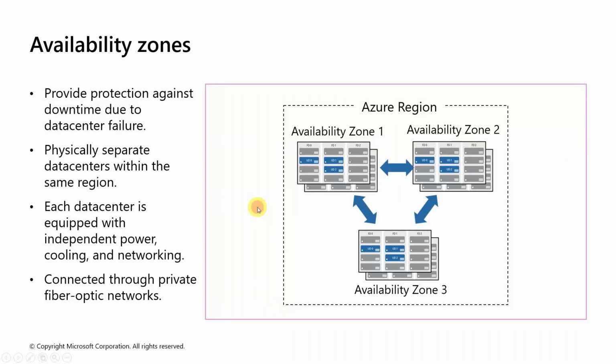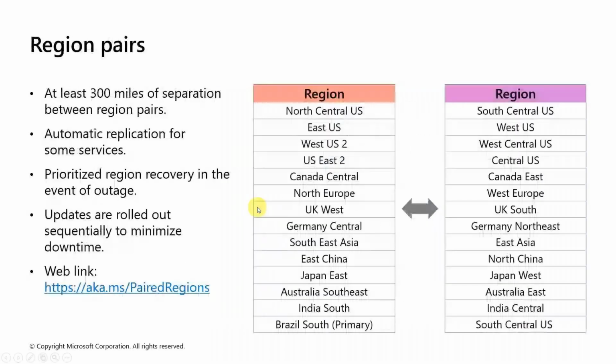Now there is a concept called region pairs. For example, as you can see here, North Central US is paired with South Central US. The distance between these two regions is around 300 miles. This is designed by Microsoft. Each region has a paired region.